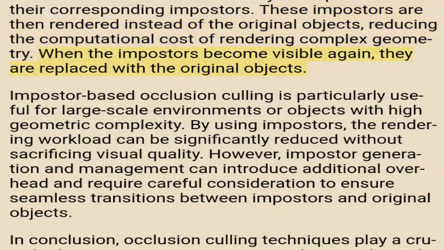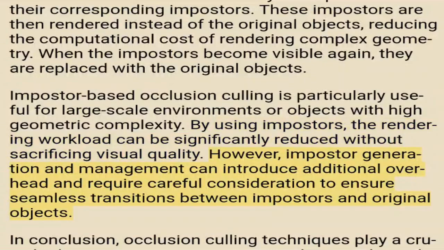When the imposters become visible again, they are replaced with the original objects. Imposter-based occlusion culling is particularly useful for large-scale environments or objects with high geometric complexity. By using imposters, the rendering workload can be significantly reduced without sacrificing visual quality. However, imposter generation and management can introduce additional overhead and require careful consideration to ensure seamless transitions between imposters and original objects.